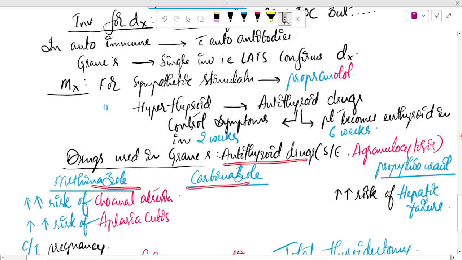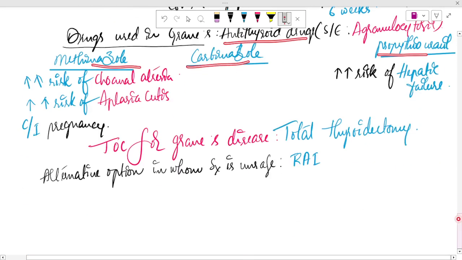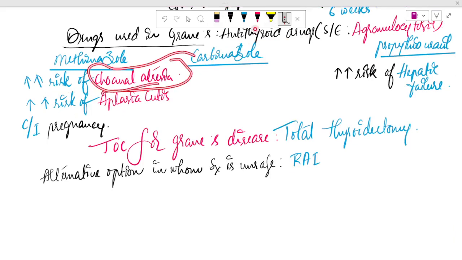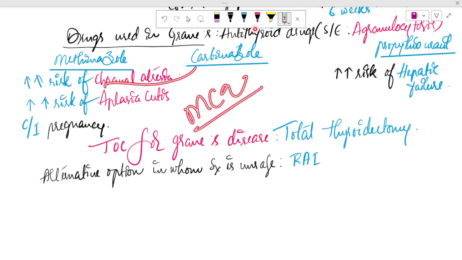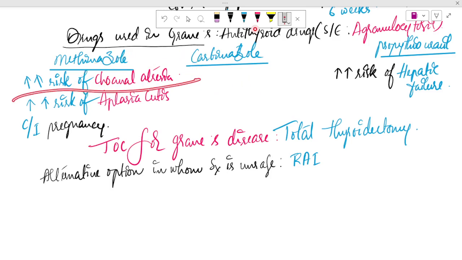Methimazole, carbimazole, and propylthiouracil. Now, these risks are very important. Why? You will not be given the word choanal atresia directly in the MCQ. Trust me. I have given the statement, but that doesn't mean this word will be given in the MCQ.